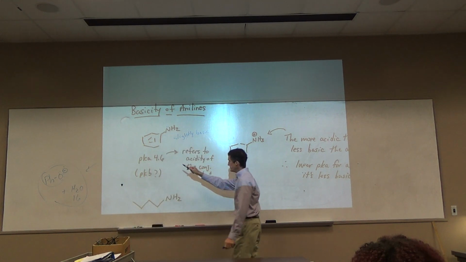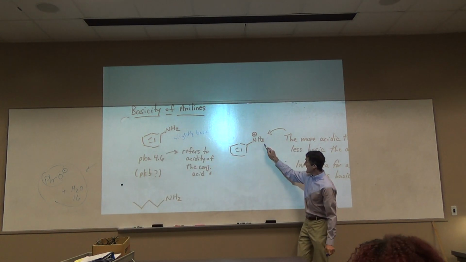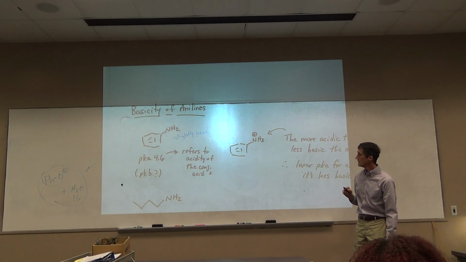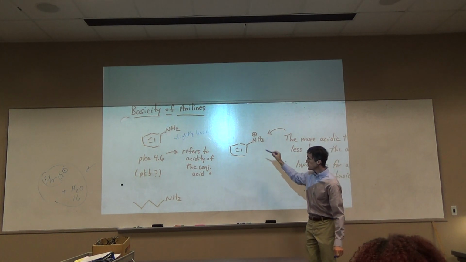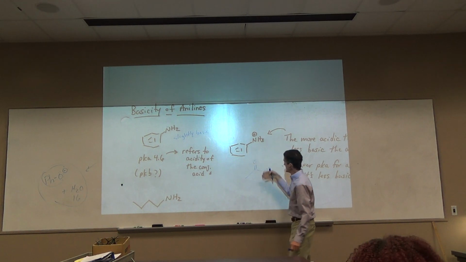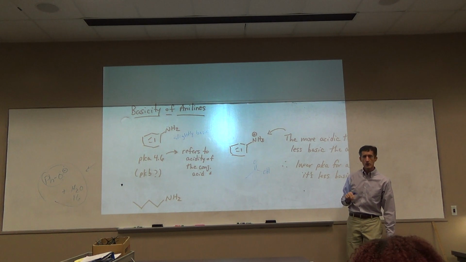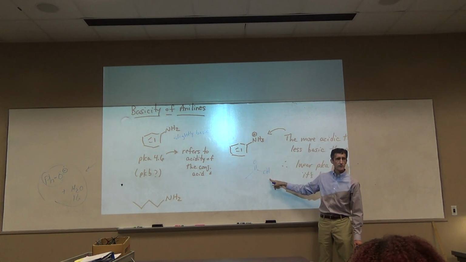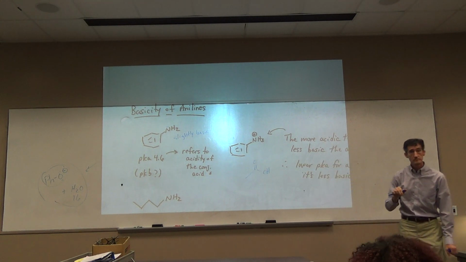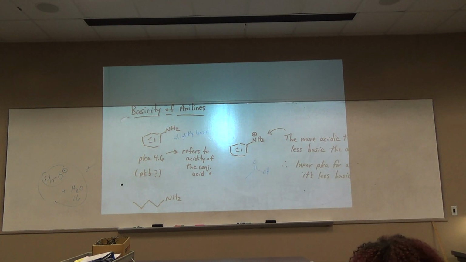Because the pKa is really referring to this. Now that's an acid. This will give up a proton. This pKa is similar to carboxylic acid. These have similar acidity. Carboxylic acid is about 4 to 5. That H there is about 4 to 5.